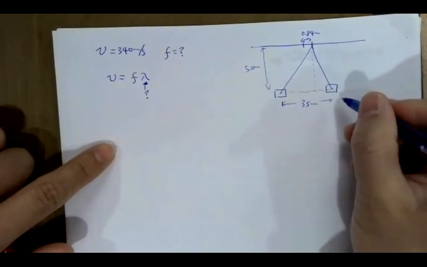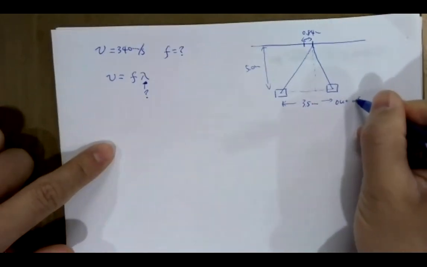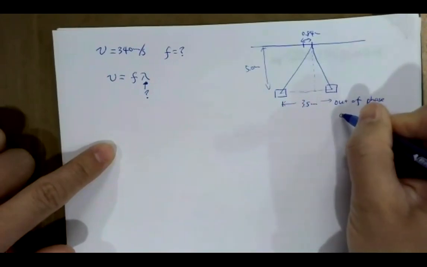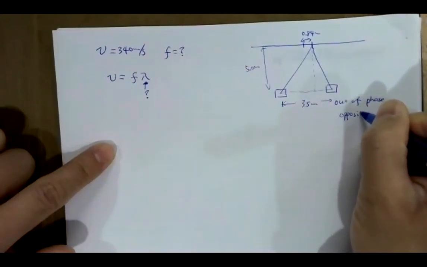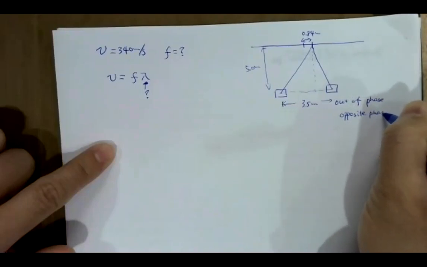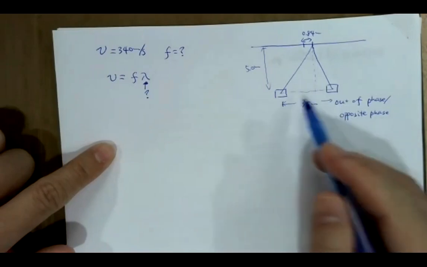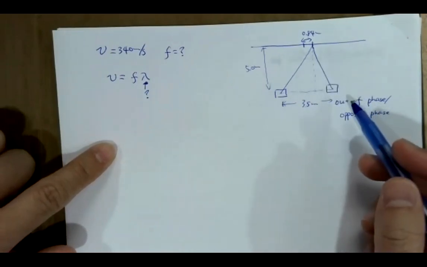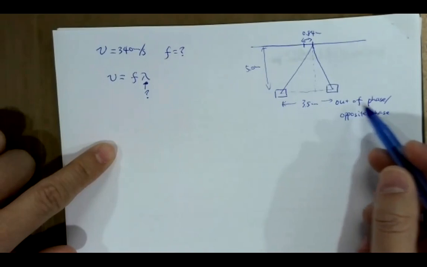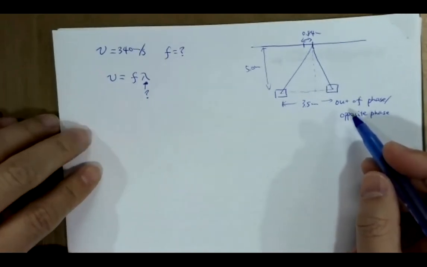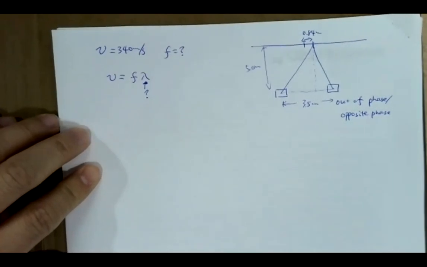The problem says the two speakers are out of phase, or in opposite phase. If the two sources give out waves in opposite phase, then you will hear constructive interference when the paths differ by half lambda.